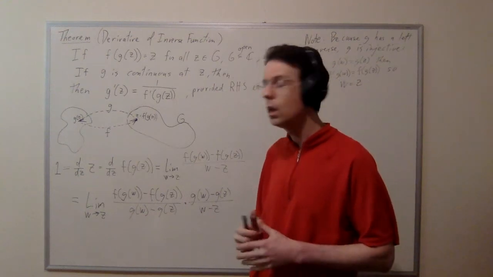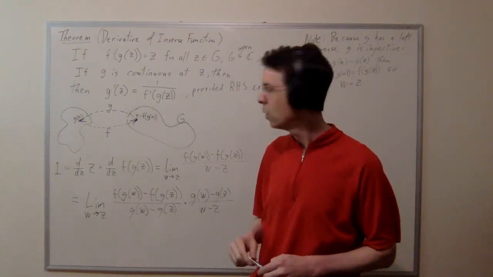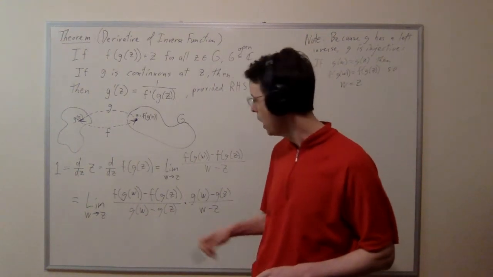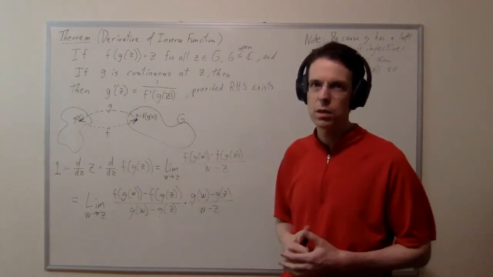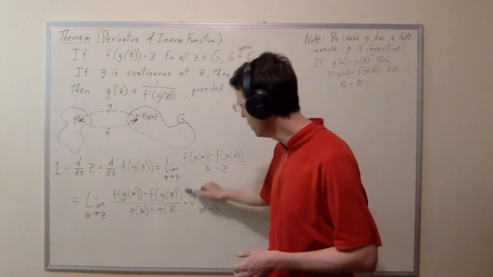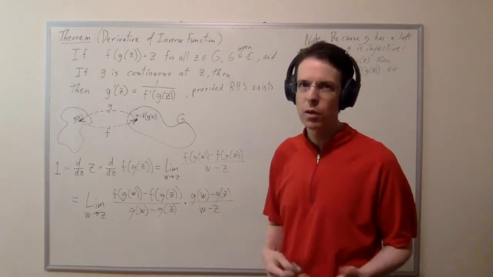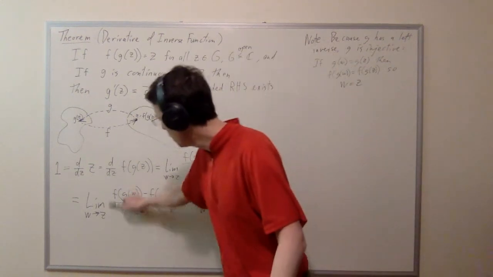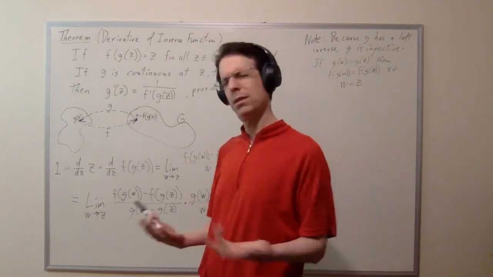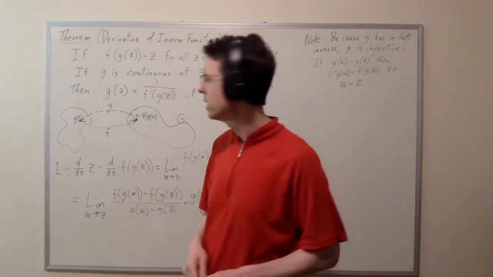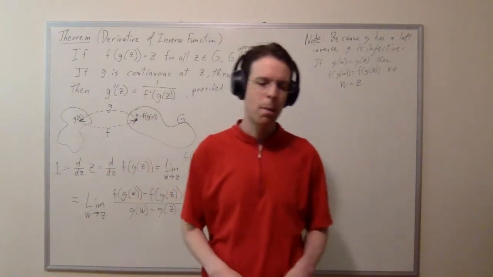It's f prime of g of z. Look back at the proof of the chain rule if you're confused about why. So if I had only this, I could deal with it and say with confidence it's f prime of g of z. If I had only this limit, though, I don't even know that that exists. And if I have the limit of their product, then weirdly, I do know that that exists and I know its value and its value is 1.